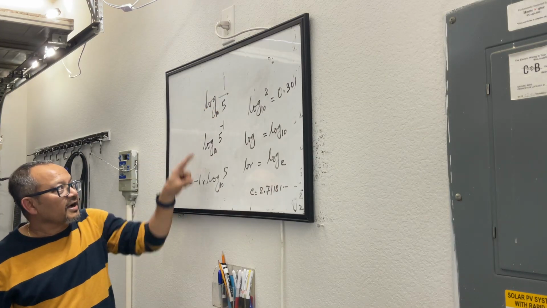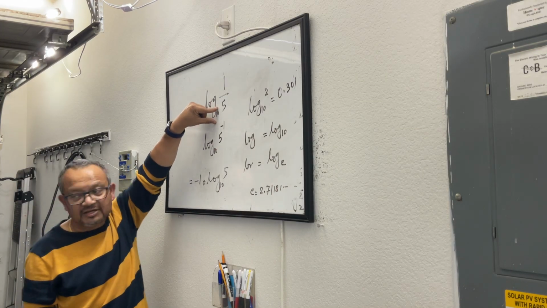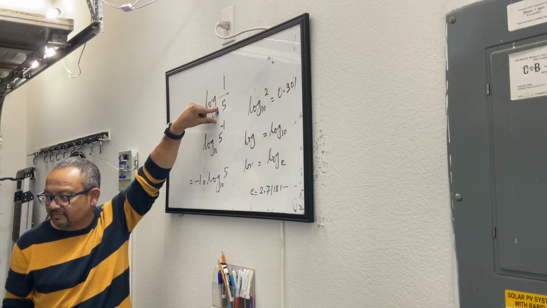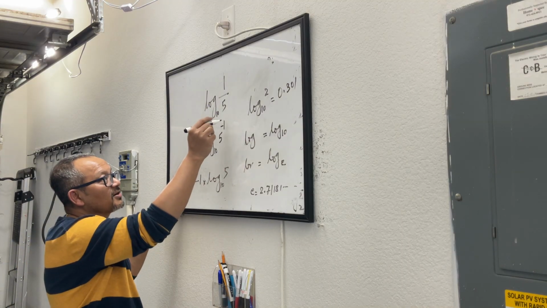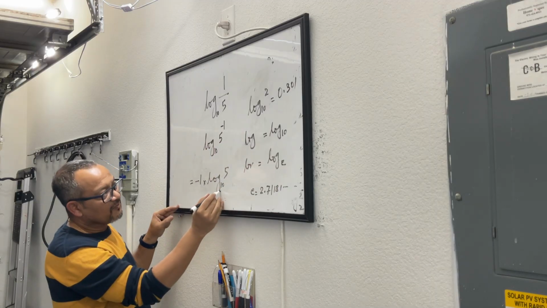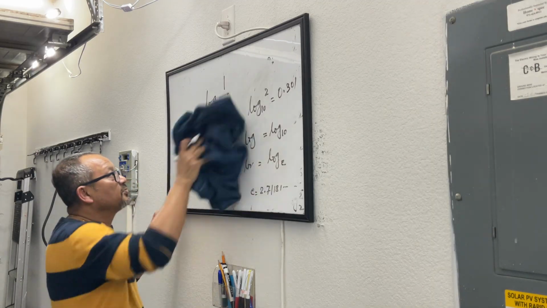For changing your base, you have to use the base conversion property, and then you can find the log. Let me put another question here.